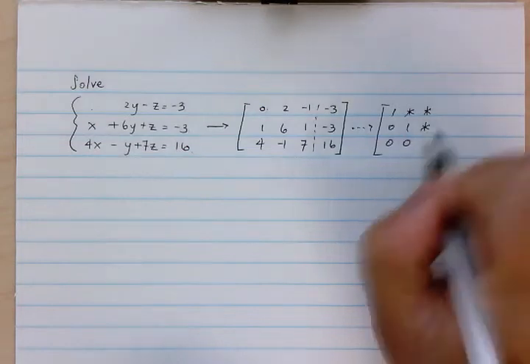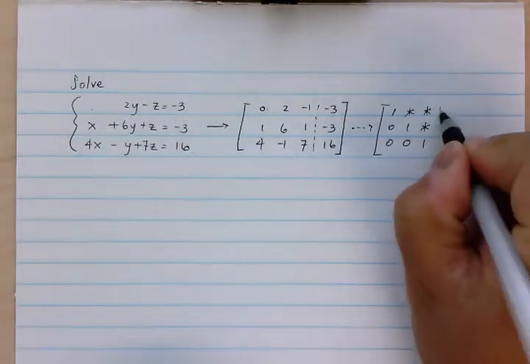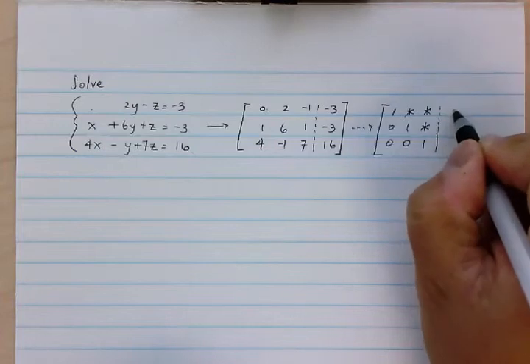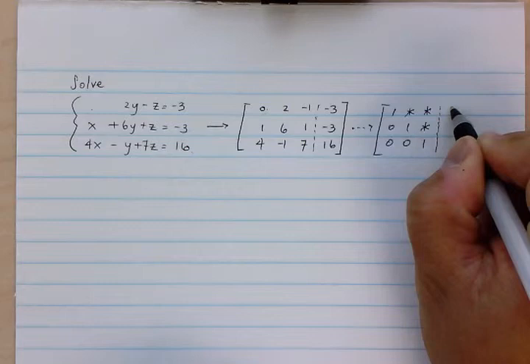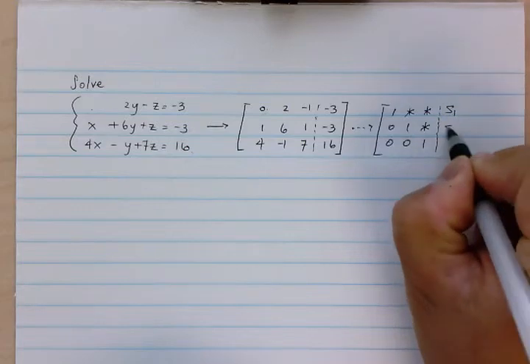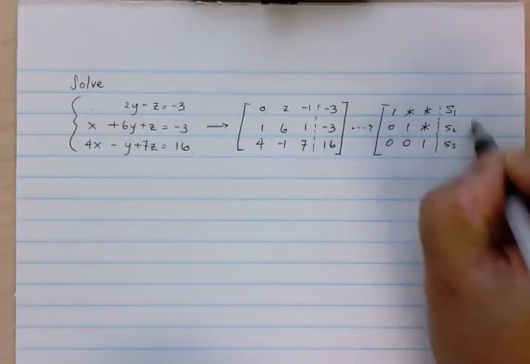We have 2 unknown values followed by 1, and then on the right hand side we also have just constants. And so in this case, let's suppose we just call these constants S1, S2, and S3.